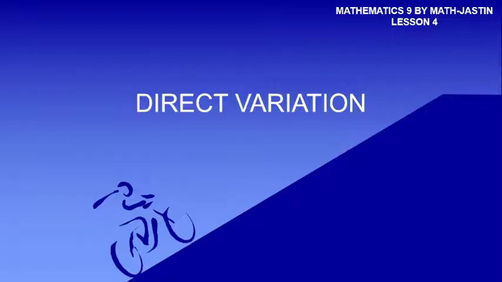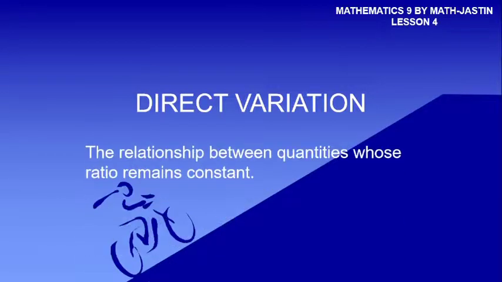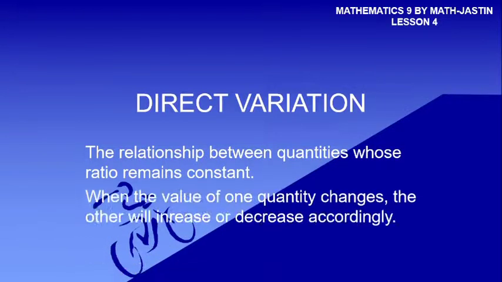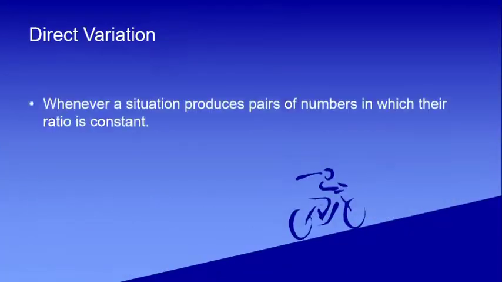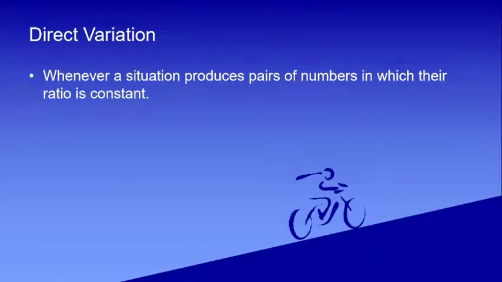So what is a direct variation? The direct variation is the relationship between quantities whose ratio remains constant. When the value of one quantity changes, the other will increase or decrease accordingly. Direct variation occurs whenever a situation produces pairs of numbers in which their ratio is constant.